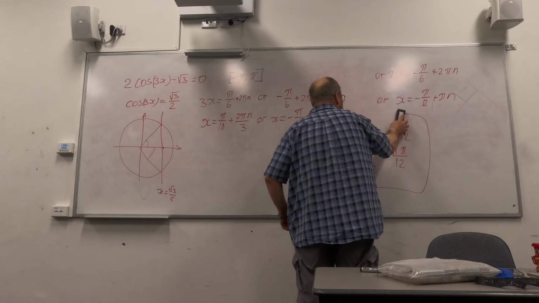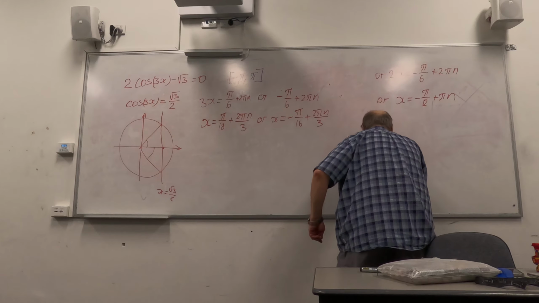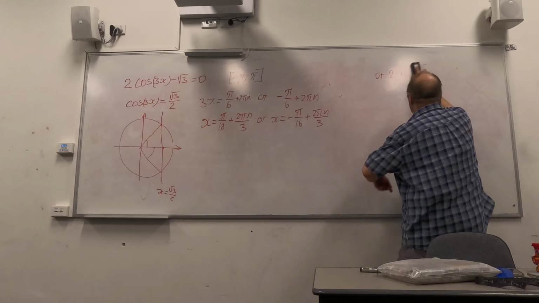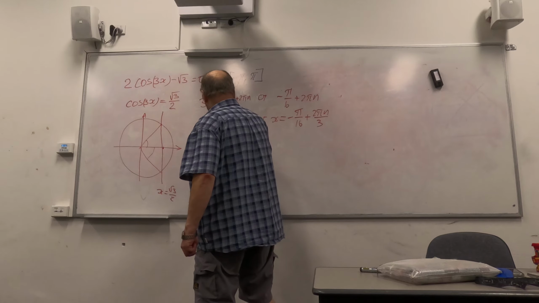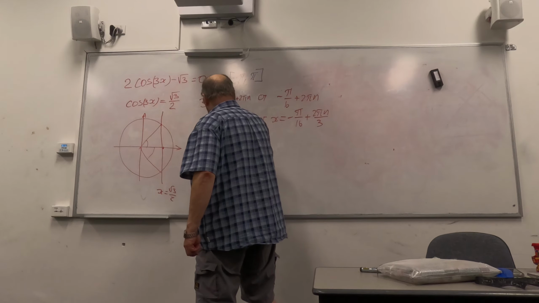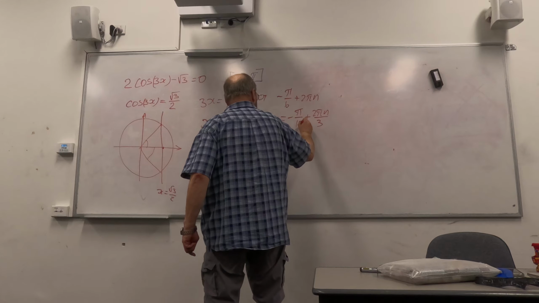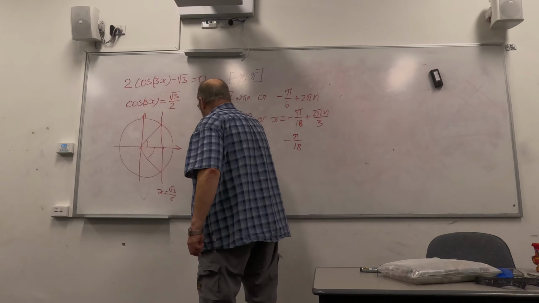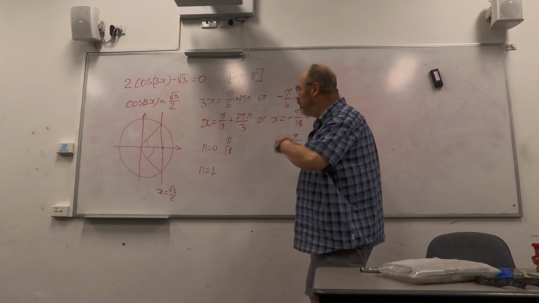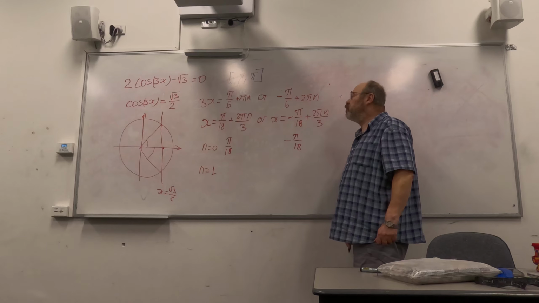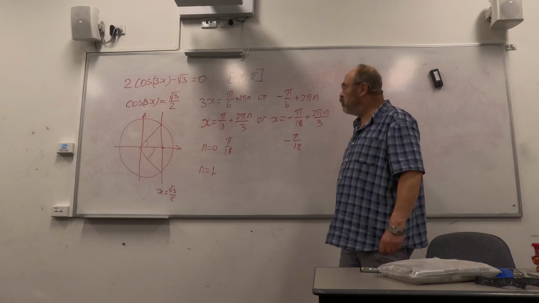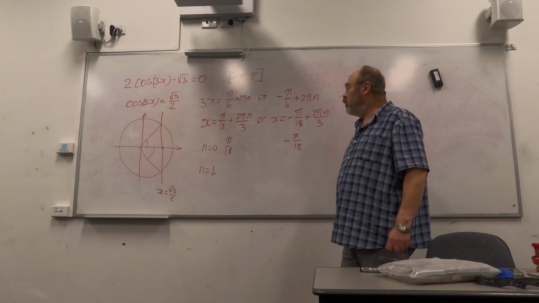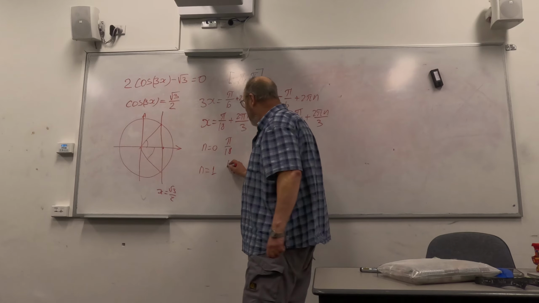Now we need to see which of them will fit in the given interval. For n equals 0, we get pi on 18 and negative pi on 18. For n equals 1, pi on 18 plus 2 pi on 3 will still be in the interval. 2 pi on 3 is 12 pi on 18, so we get 13 pi on 18.